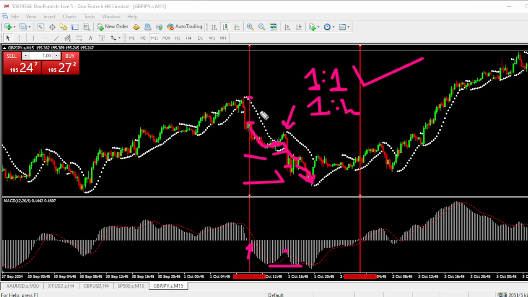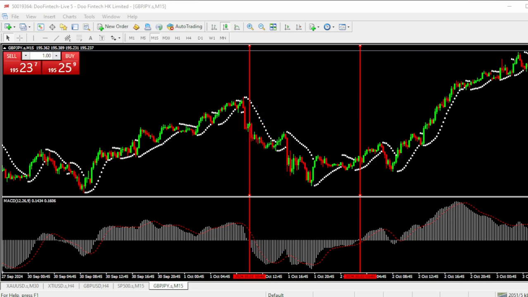Maybe 2 times your stop loss, right? And the take profit could be 2 times your stop loss, or maybe 1 to 1.5, right? In order to secure your profits and begin to collect money, right?